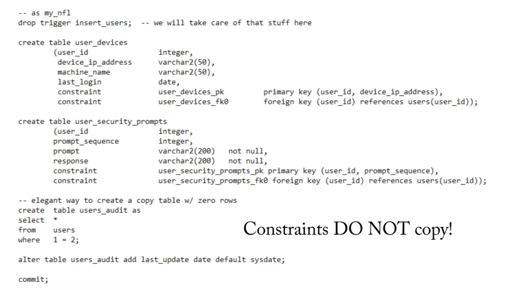Just an FYI, should you use this technique in the future, you need to follow up with some additional constraints. Here we don't really need any constraints on an audit table, so we're golden. Only thing left to do is update our audit table to include a default date indicating when any prior update was realized.